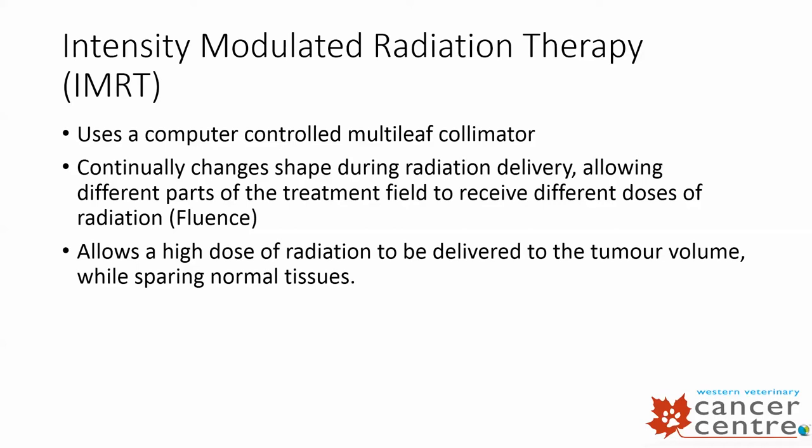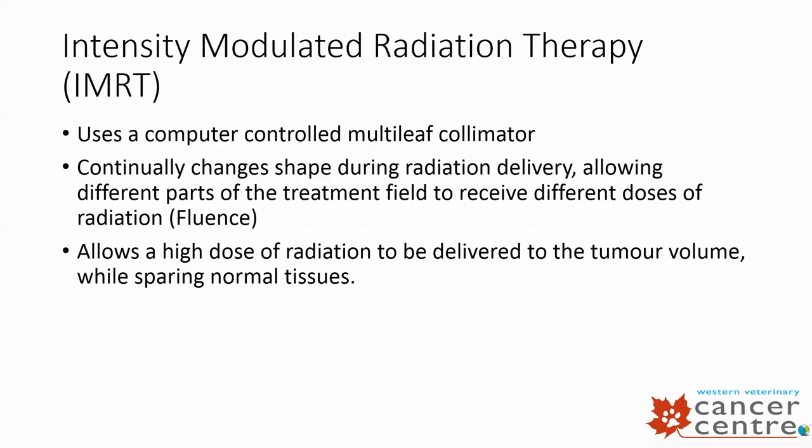And that's called fluence. So the amount of radiation being delivered to any part of a radiation field is the fluence, or the radiation dose. Our ability to change the fluence within a field is what allows us to concentrate the radiation in the tumor while minimizing radiation to critical normal structures.